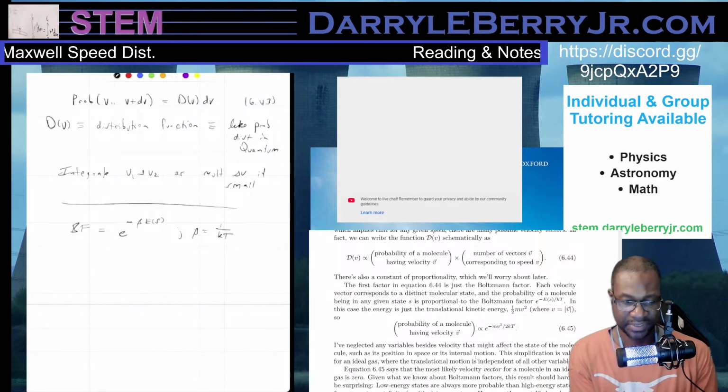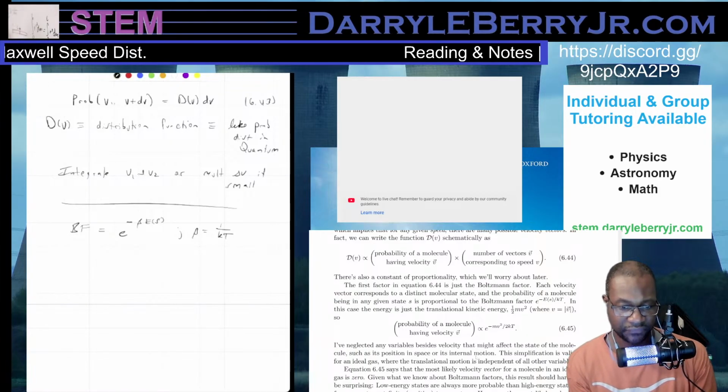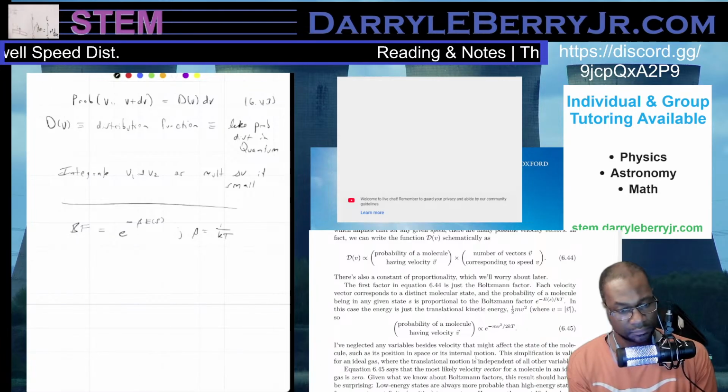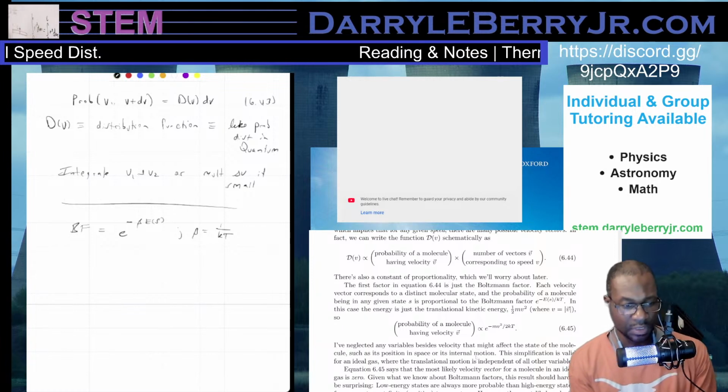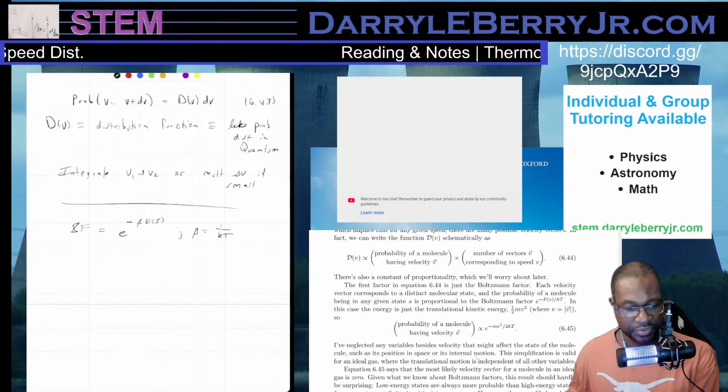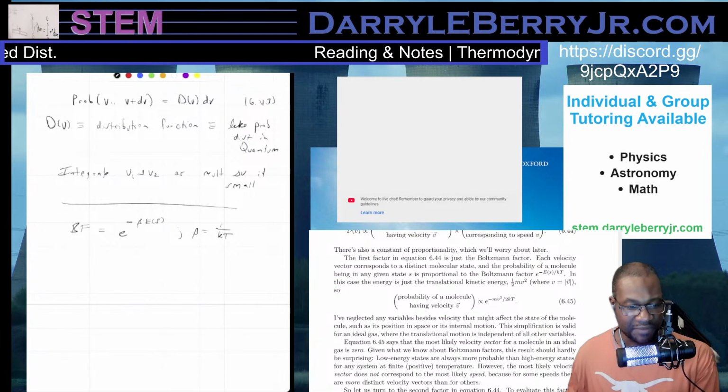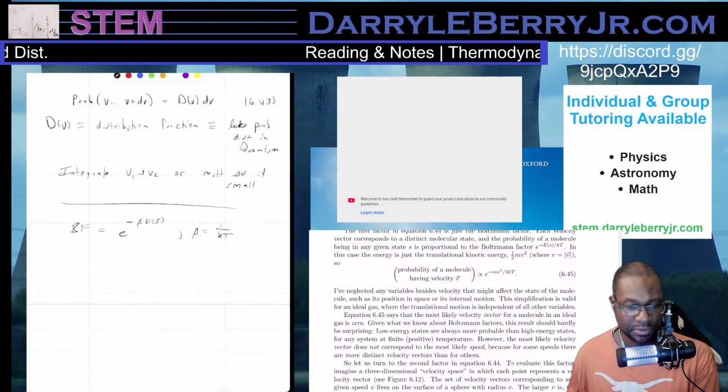Equation 6.45 says that the most likely velocity vector for a molecule in an ideal gas is 0. Given what we know about Boltzmann factors, this result should hardly be surprising, as low energy states are always more probable than high energy states for any system at finite temperatures.